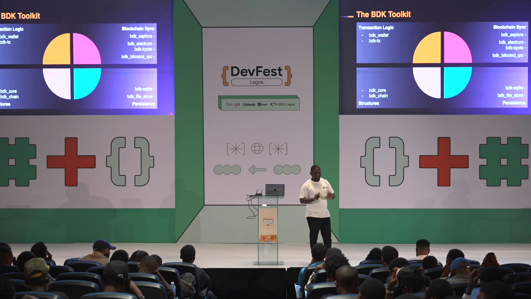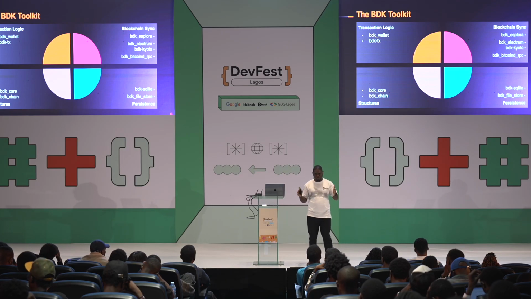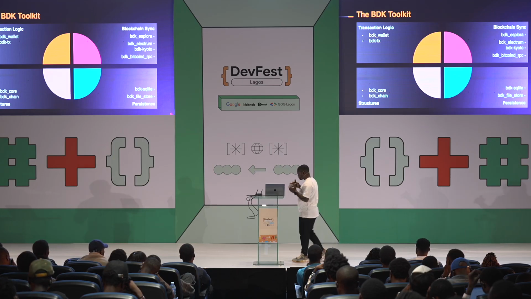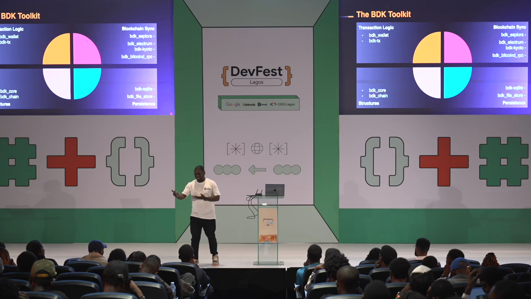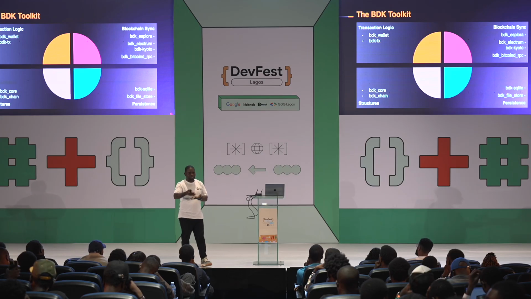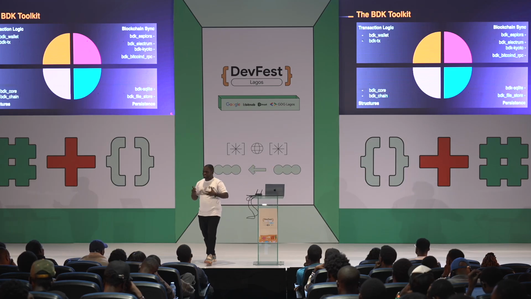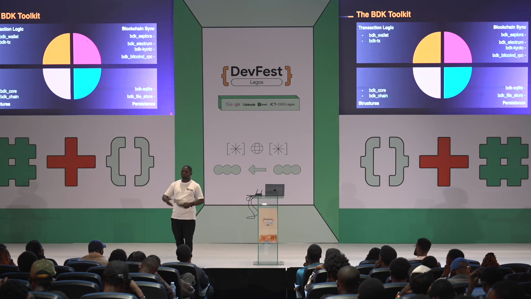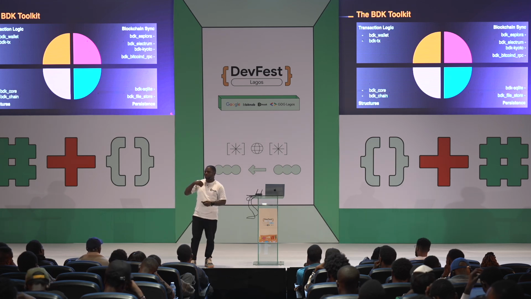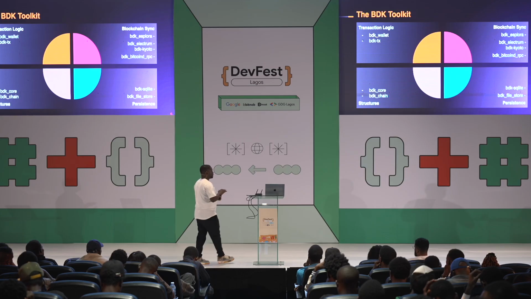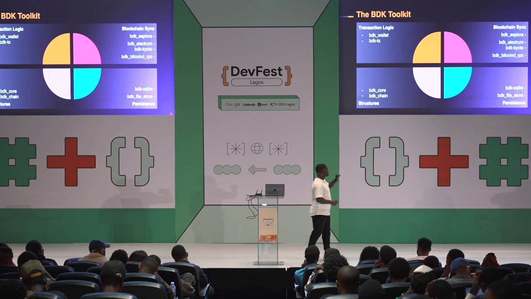So if you have your own node and you build your wallet, and you want to receive information directly from that node to your wallet, you can use the BDK Bitcoin RPC client. It helps you communicate with your node. You can sync, you can broadcast transactions, and you can get all the metadata concerning your transactions.